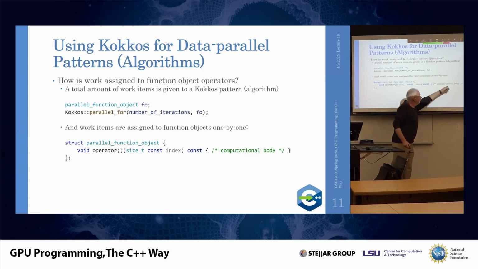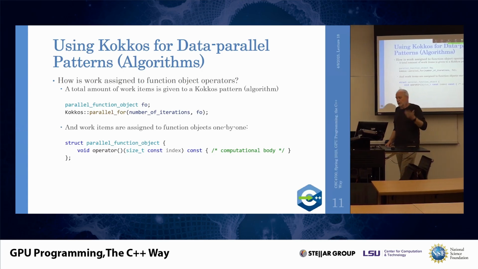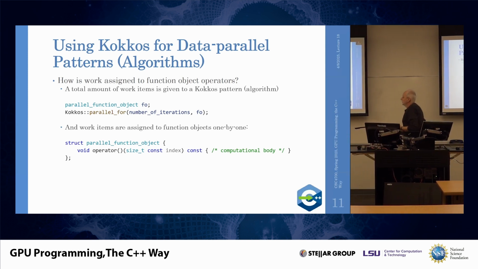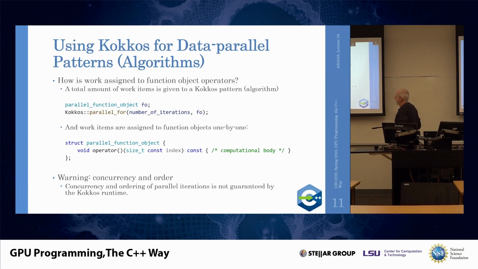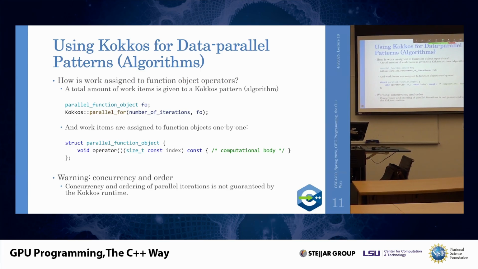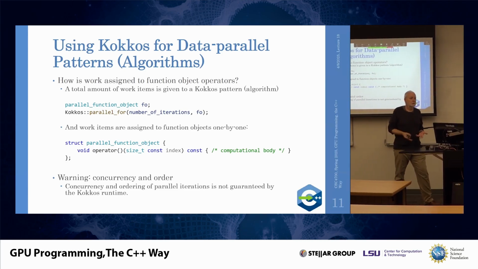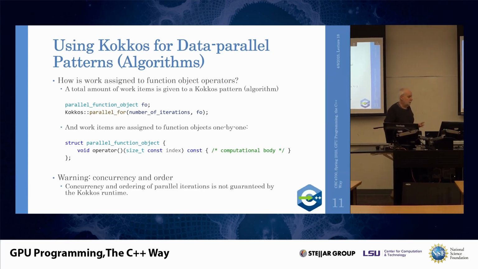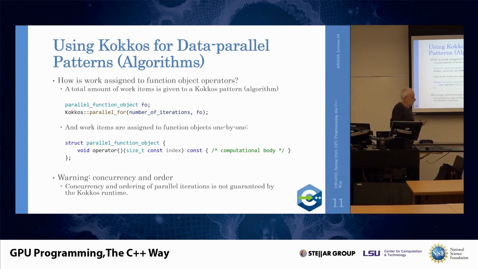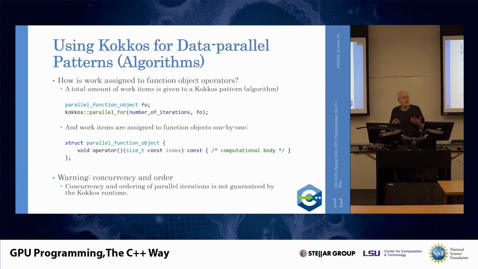So essentially, you put the code that you want to run for each of those elements in the array inside the body of your function operator. Obviously, parallel for will not care about execution sequence, so things are not sequenced anymore. Same problem as with standard algorithm parallelization. You have to be aware of race conditions.